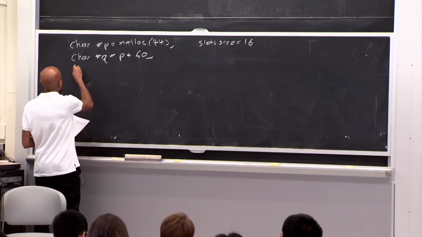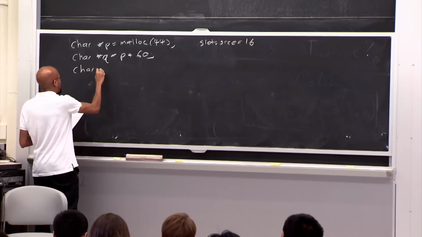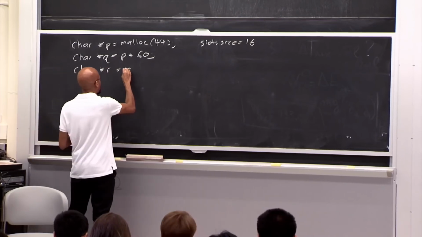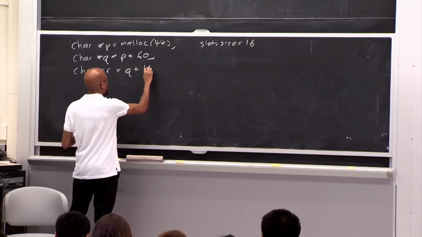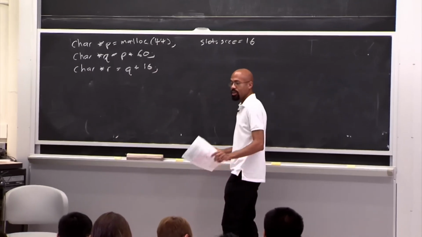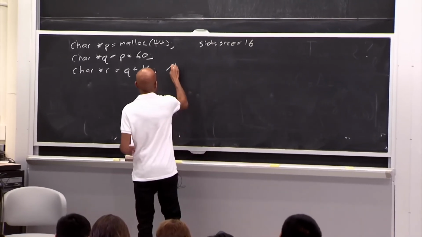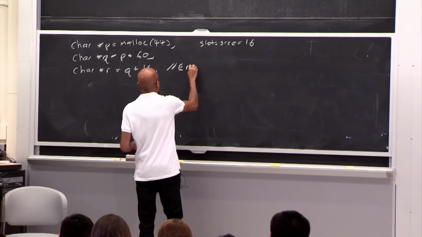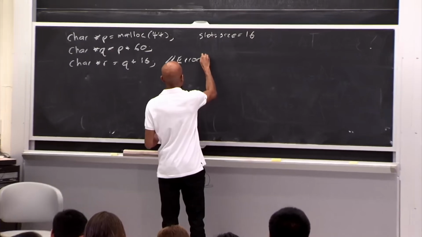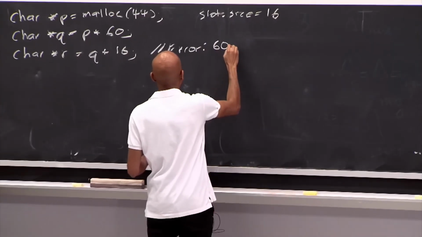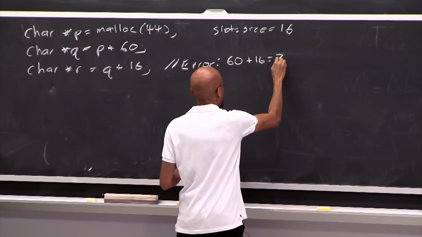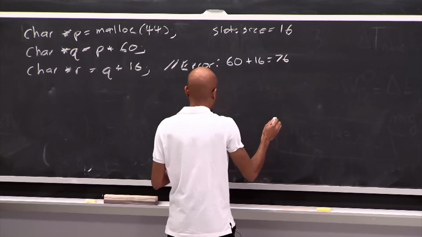Now, let's say the next thing we do is define another pointer, which is set equal to Q plus 16. This is actually going to cause an error, because now we're at an offset of 60 plus 16, which equals 76.